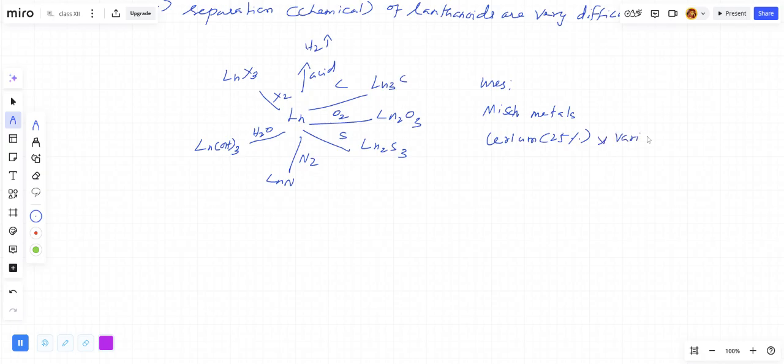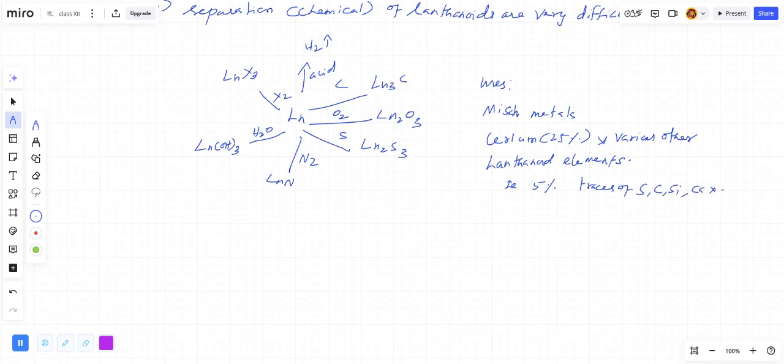It also contains iron, about 5%, and traces of sulfur, carbon, silicon, calcium and aluminum.